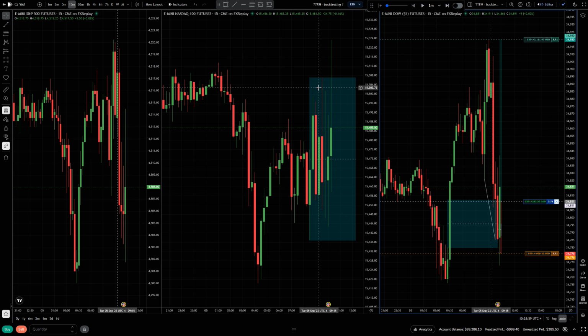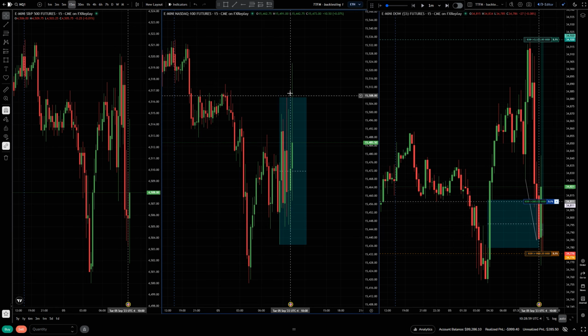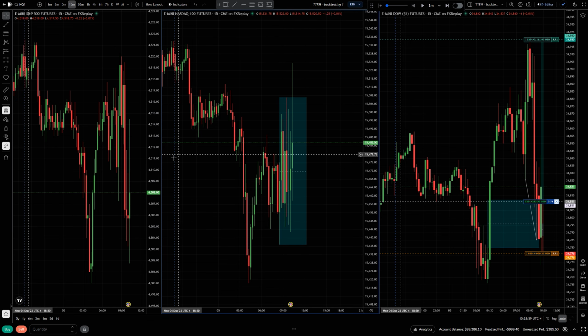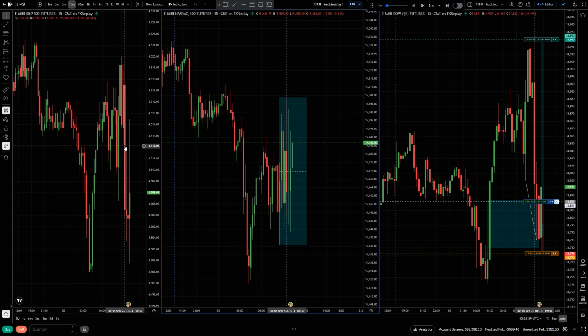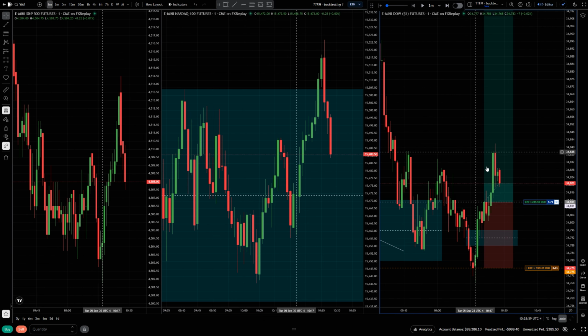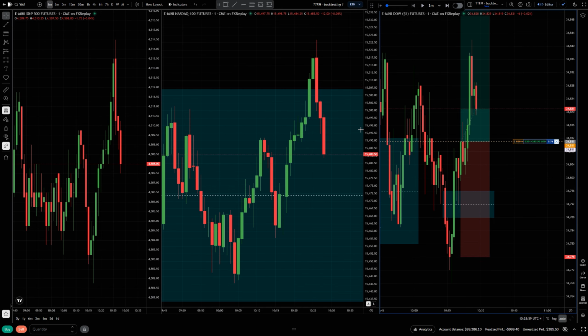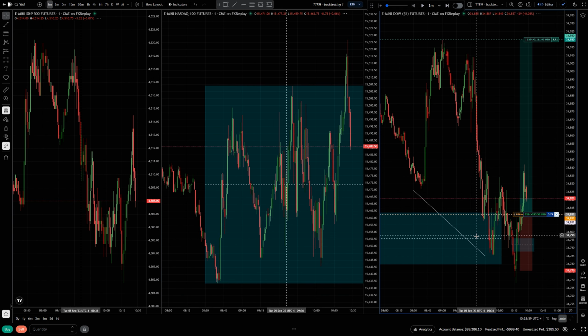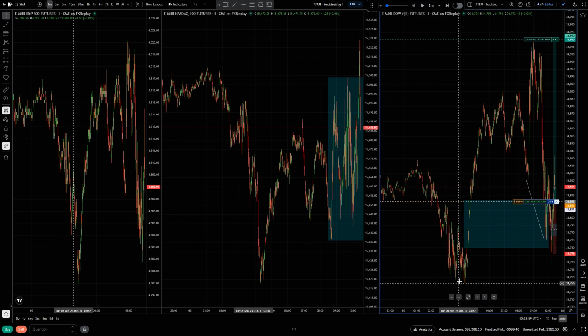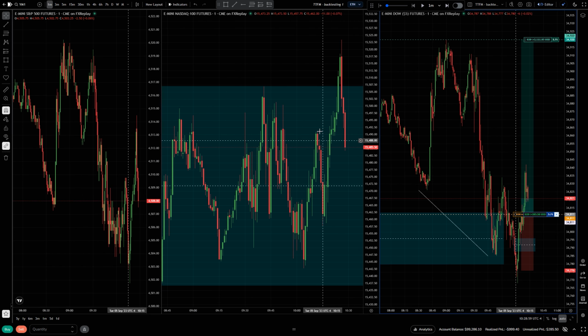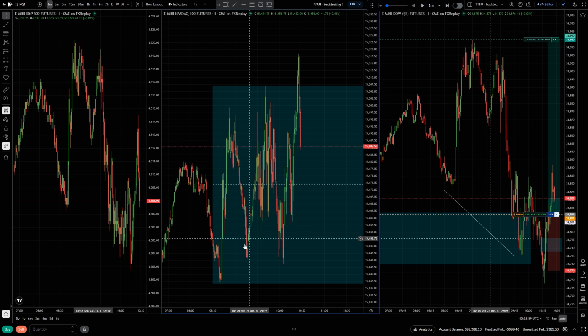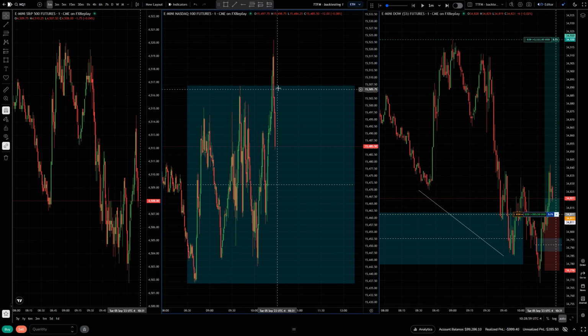And judging by NQ's reaction and also ES's reaction to this gap, I'm going to go break even on this trade right here, and we are probably going to be looking again for a short setup to this low of day, because I don't really like NQ after leaving this range.